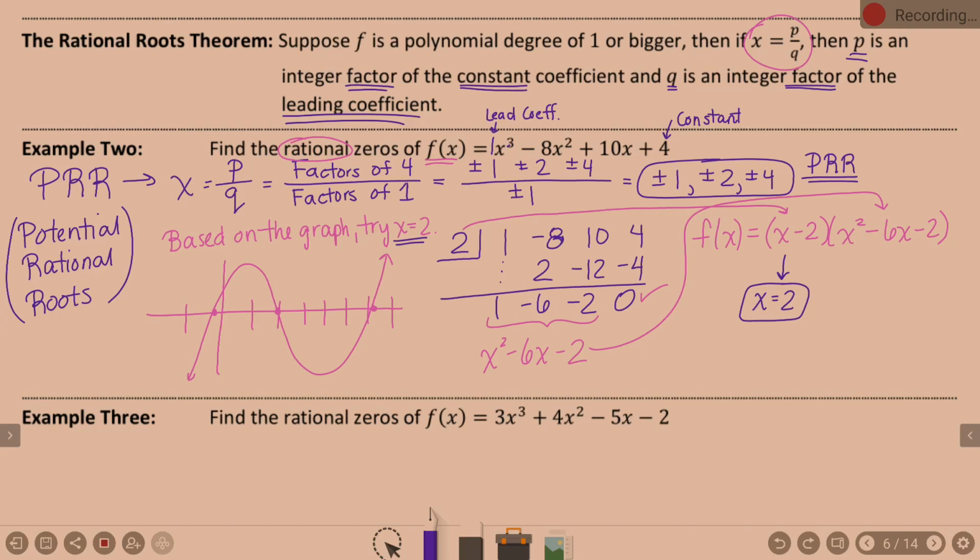No. So if they ask us for all real roots, then we keep going and we find these solutions. But in this case, it only wanted what? Rational zeros. So my only answer is 2, because this right here, I'm going to write it down so we have it, does not factor.